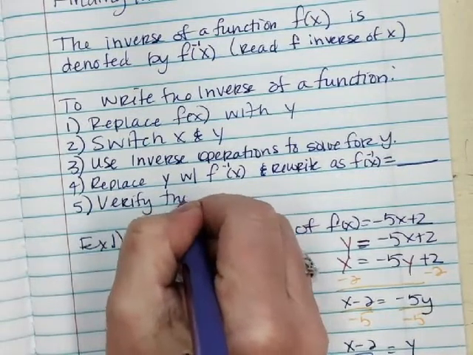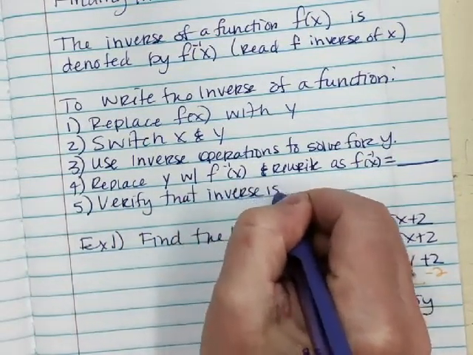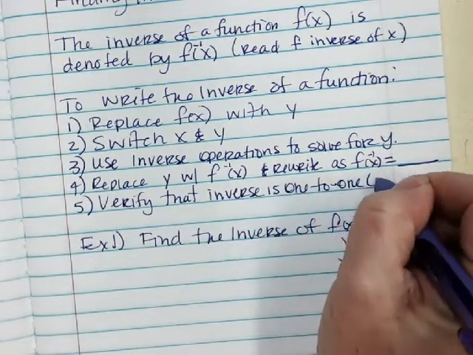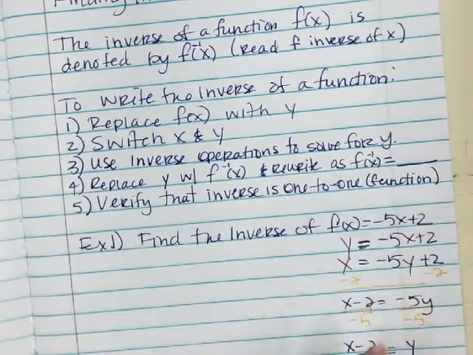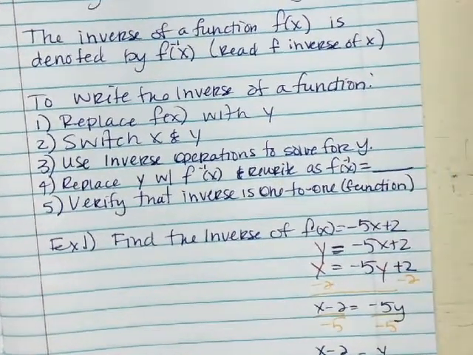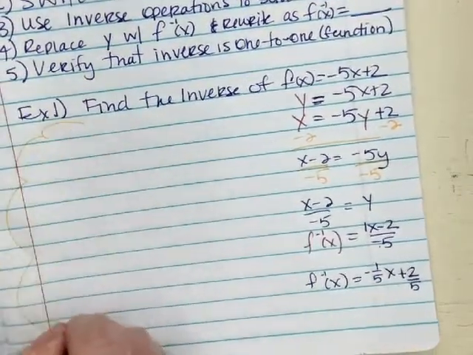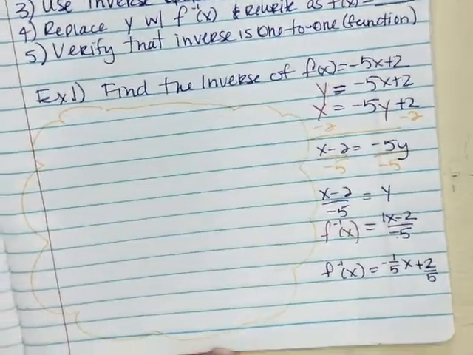verify that the inverse is 1-to-1 or a function. Make sure that it passes that vertical line test. Okay? So right here in this little section, I'm going to throw in some bonus information free of charge just today.